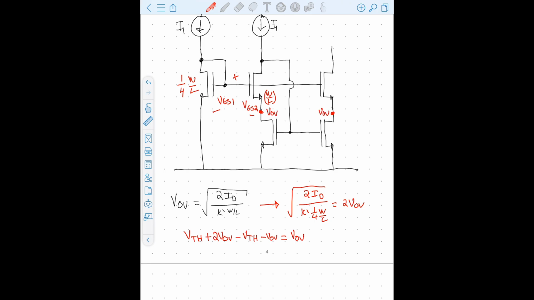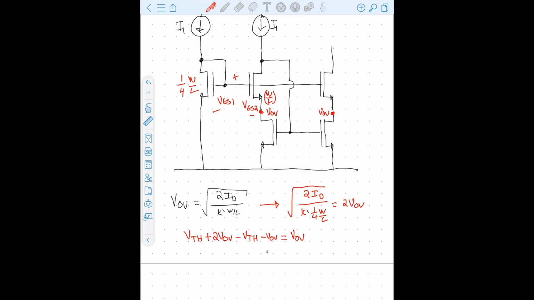And in doing so, those 2 devices are going to be well matched because they have a similar voltage across them. They're cascoded, so they have a high output impedance. They're going to be a very accurate current mirror.